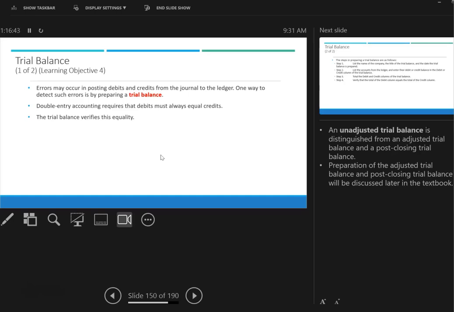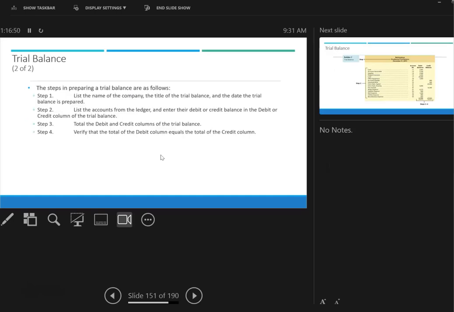We put our debits in one column and our credits in the appropriate column. A trial balance just takes each account; we start with the name of the company, the trial balance as of a certain date, and we take the balances of the accounts, starting with the balance sheet, then the capital accounts, then the revenues and expenses.